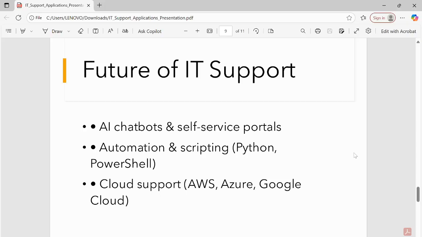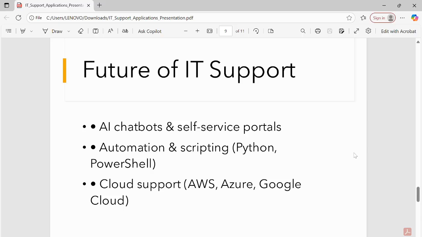To be aware of and involved in the current technology, you should skill up yourself. You should try to learn AI-based technology and how to use AI in IT supporting. You should have the skills related to that. Then you can survive. Otherwise, it will create difficulty.